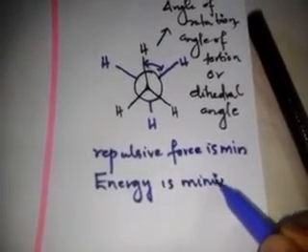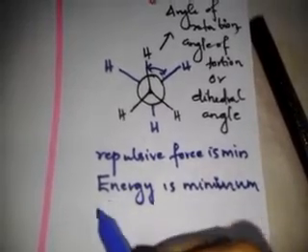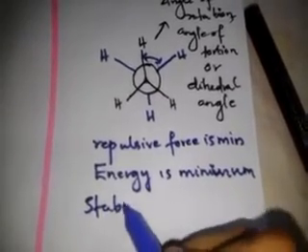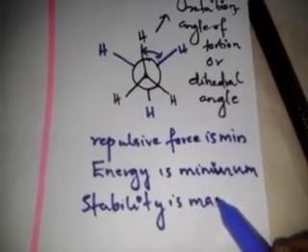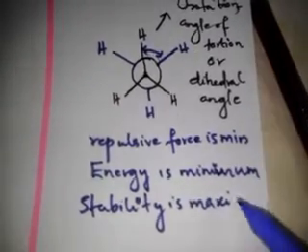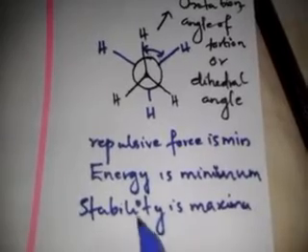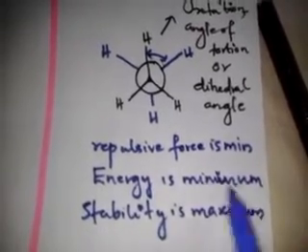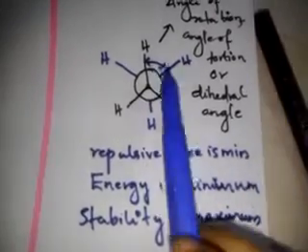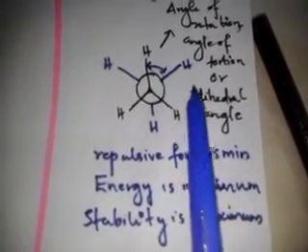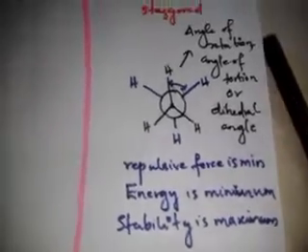If the energy is minimum, the stability is maximum. So staggered has high stability since its energy is minimum. Why is the energy minimum? Because the repulsive force is minimum. Why is the repulsive force minimum? Because the hydrogen atoms are arranged as far apart as possible.